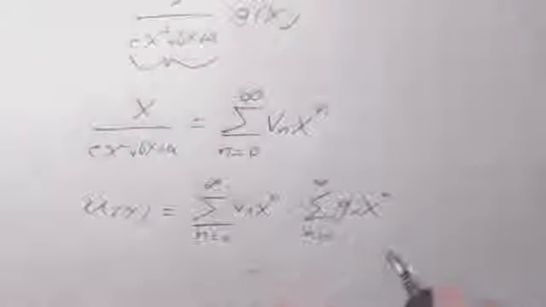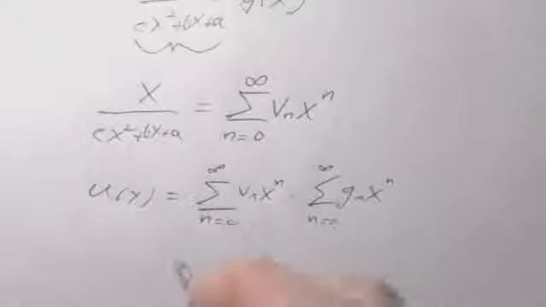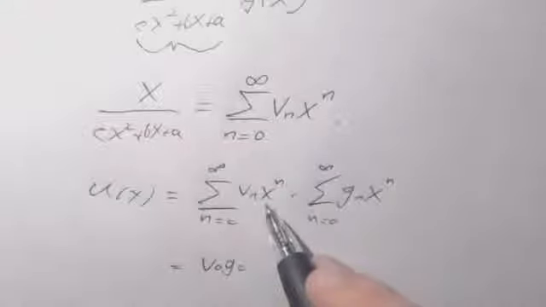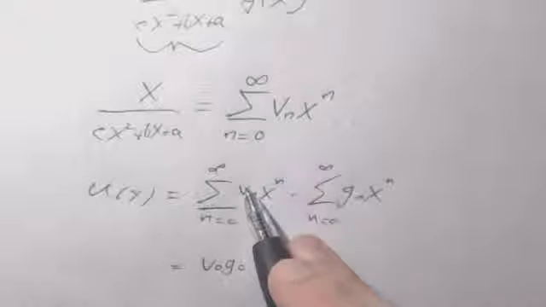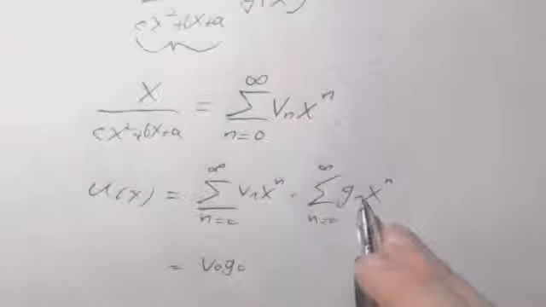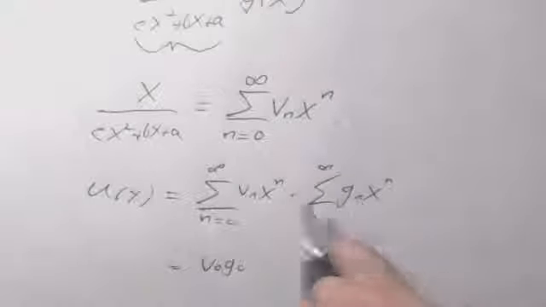And we can combine this product here by collecting powers of x. So the only constant term is going to be v0 g0. The only terms with a linear factor of x are when you've got 0 on this side and 1 on this side, so v0 and g1, or a linear factor on this side and a constant factor on this side, so you could also have v1 and g0.